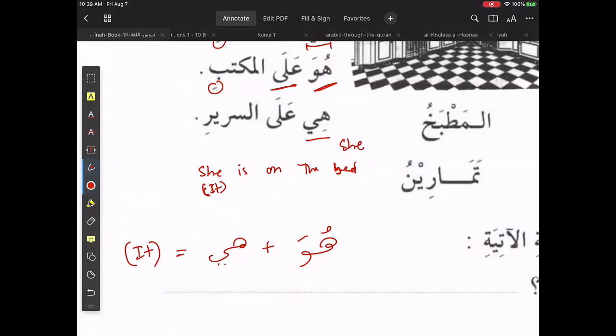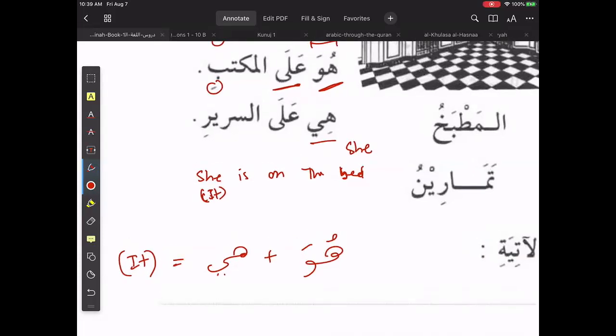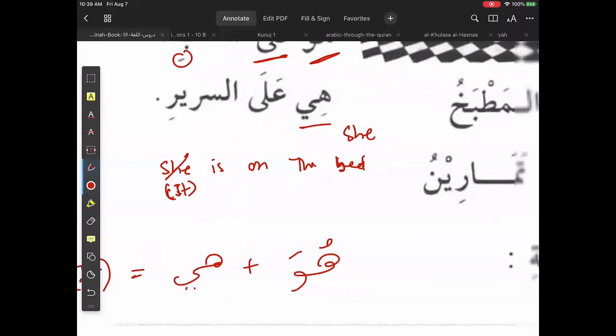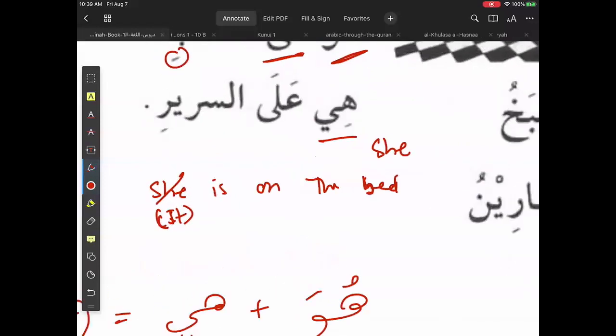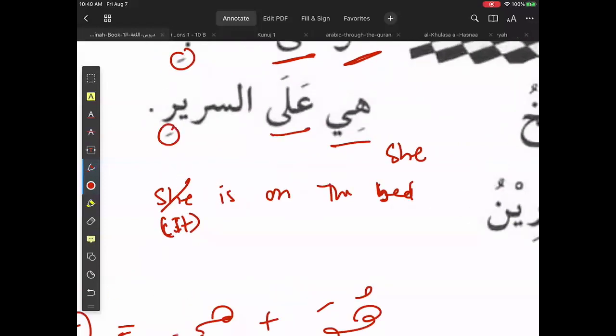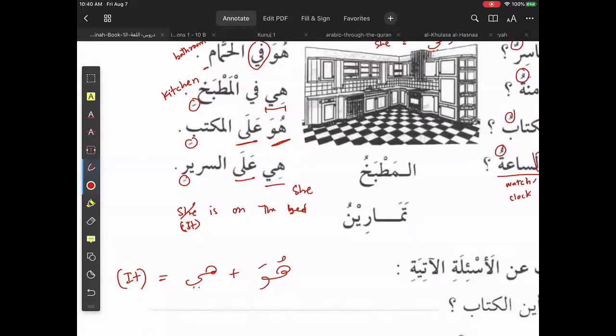So just make everybody happy: it is on the desk. So huwa can be it or he. Hiya can be it or she. Make sense? So you're going to say it is on the bed. And here we have ala and you have a kasra. Make sense?